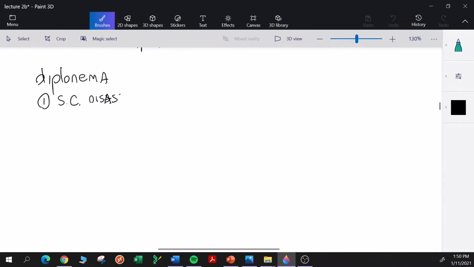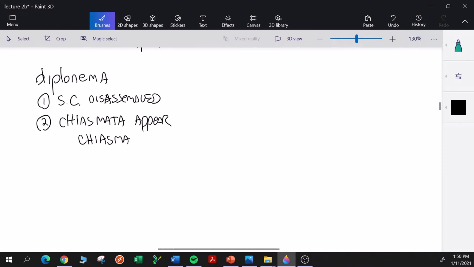So it disappears. And the chiasmata are visible. The singular form of chiasmata is chiasma. These are the points where crossing over occurred.